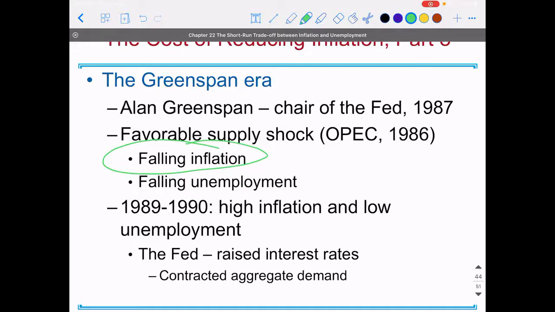It helped get George Bush the first elected into office after Reagan stepped down. But then eventually it caused a very minor recession in 1991 after a period of high inflation that started to occur, which then led to Bill Clinton winning office in 1992.